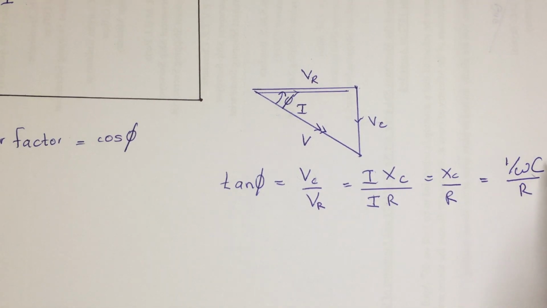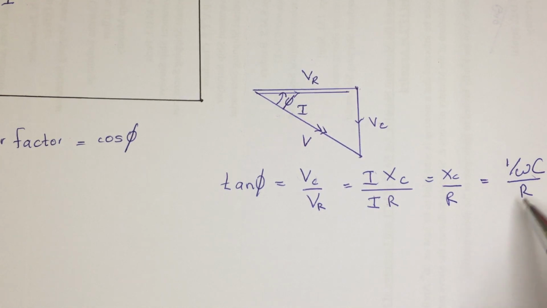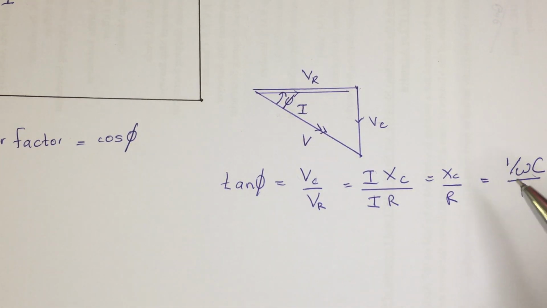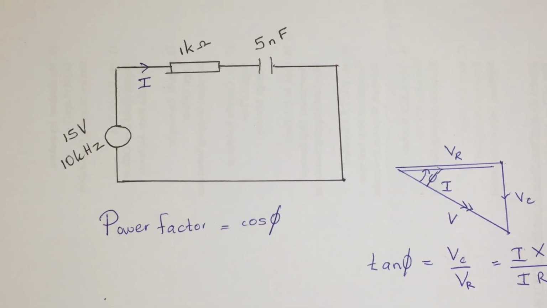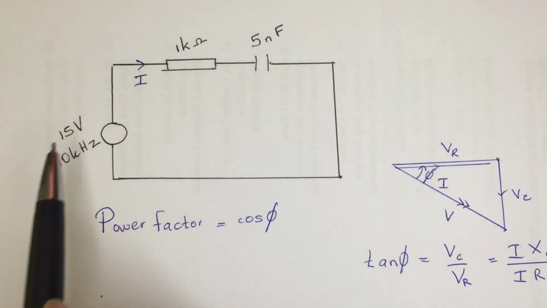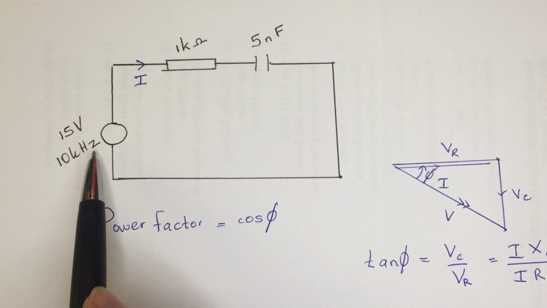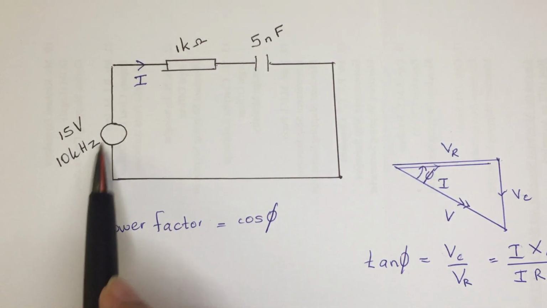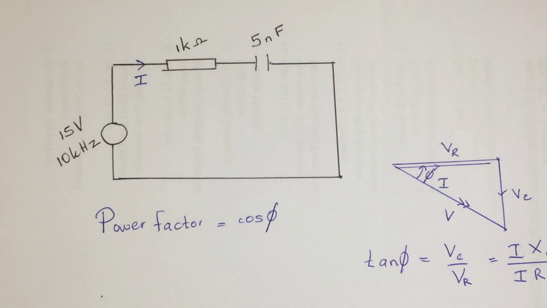So here actually we knew the value of capacitance, which is 5 nanofarad, and the resistor, which is 1 kilo ohm. So how are we going to find the value of omega? So let's check the data they have provided. We have used these two data, and the 15 voltage we haven't used yet, but they have given the frequency of that circuit voltage.